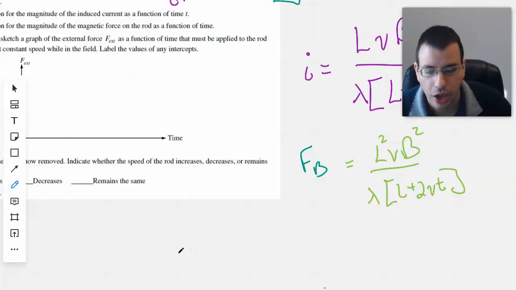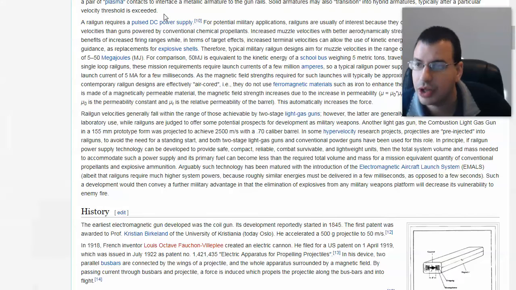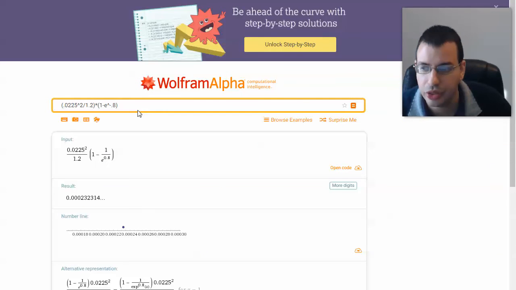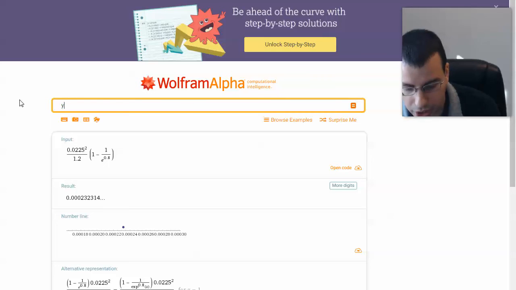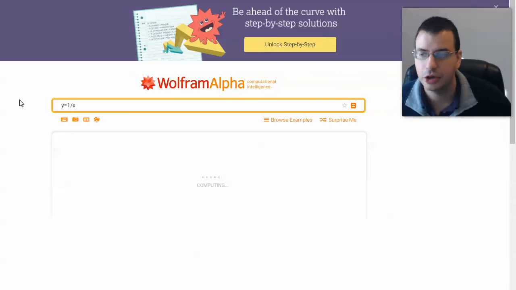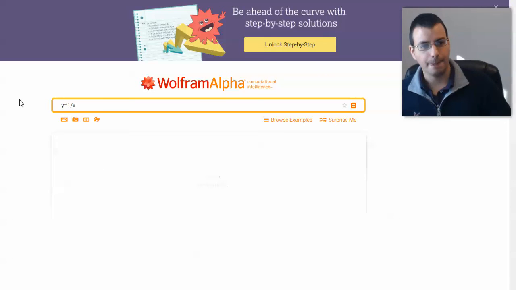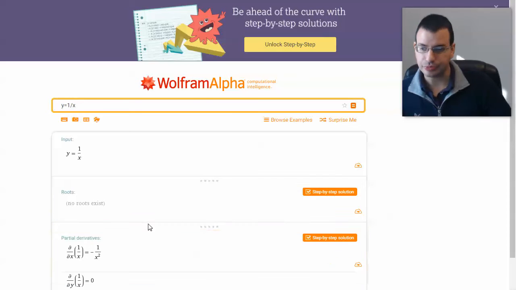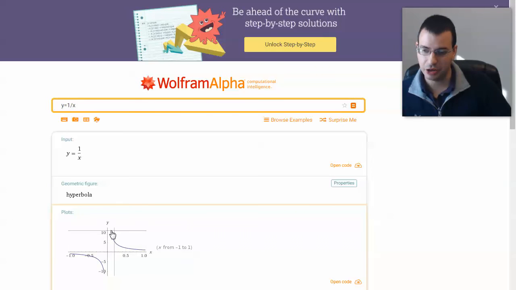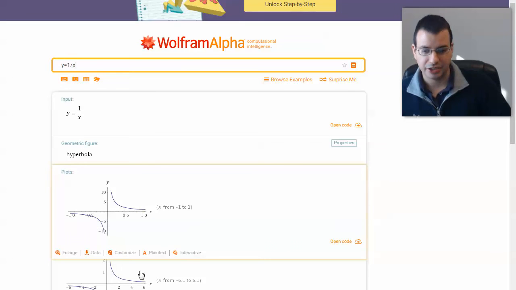So I'm just going to go to Wolfram real quick. Not going to graph the whole thing, but y equals 1 over x, because we have x in the bottom, and so we're going to get something that looks kind of like this, where it has the 1 over x.